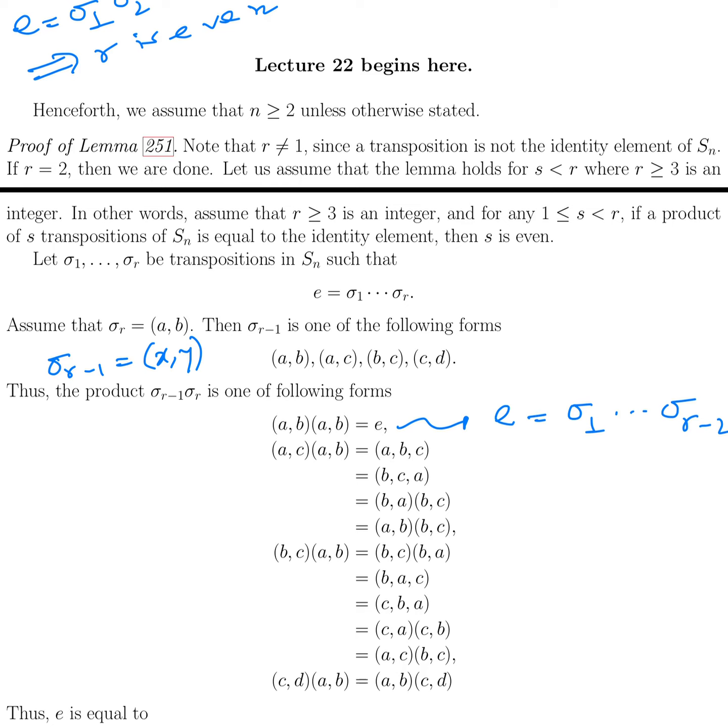And now we apply the induction hypothesis to conclude that r is even. By induction hypothesis, it follows that r minus 2 is even, and that is equivalent to saying that r is even. So this follows from the induction hypothesis.